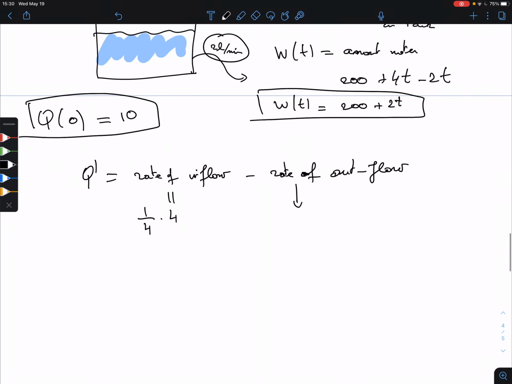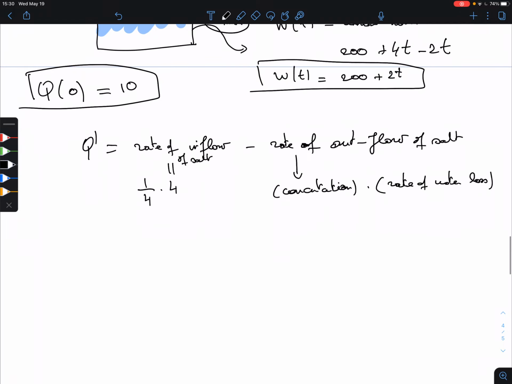What we can say is, it is the concentration of salt times the rate of water loss. The concentration of salt per water times how much water we pour out. That will be how much salt goes out. So this is the rate of inflow of salt. This is the rate of outflow of salt.